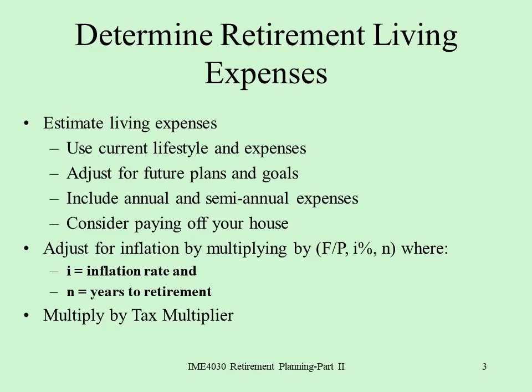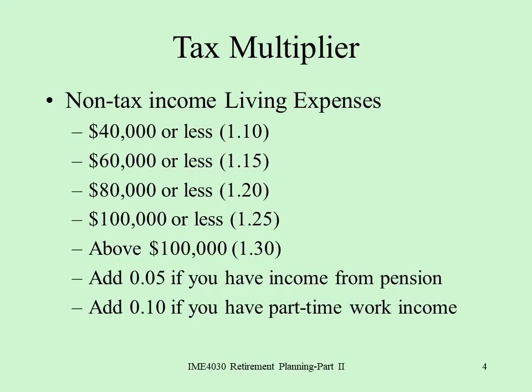Let's go to slide number 4. If you come up with a retirement income need of $40,000 or less, then we're going to multiply by a tax multiplier of 1.1. And you can see that for these different stages, we're going to have different tax multipliers. Above $100,000, we're going to use a tax multiplier of 1.3.